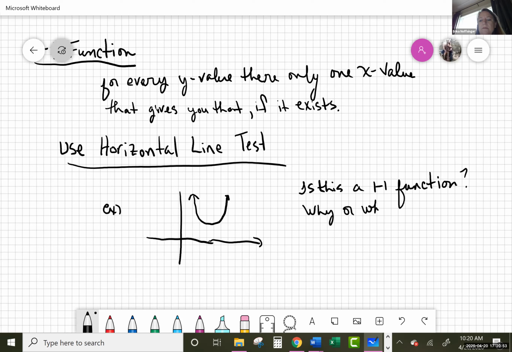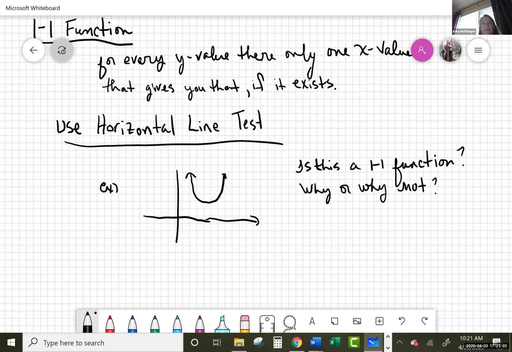Why or why not? Okay, so looking at this, a function is one-to-one if every value of x corresponds to one value of y, and every y only has one value of x.